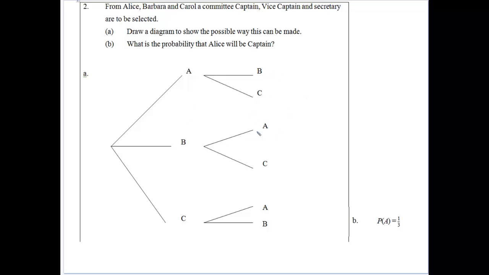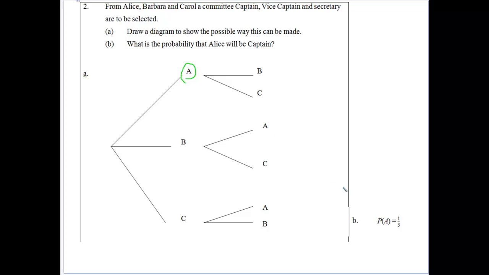Once you've got to the second choice, everything's 1. There's a probability of 1 for all our third branch. Once they've been chosen, there's no replacement. So the probability that Alice would be captain is a 1 in 3 chance. There you can see Alice, and then Barbara, Alice and Carol.